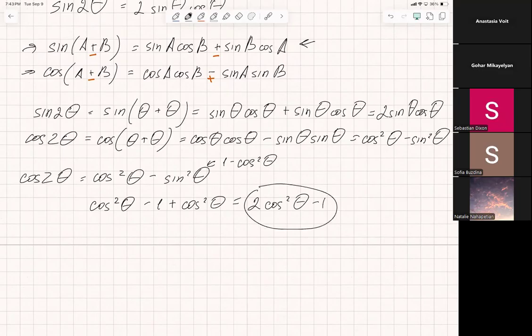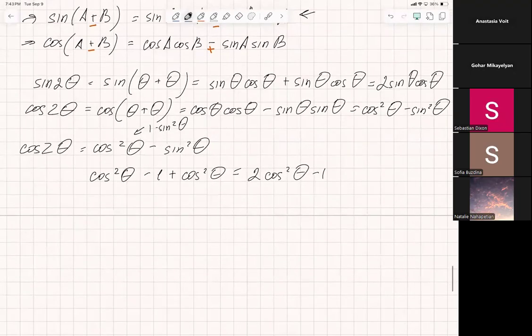So that's another one. If I decide to make this one as 1 minus sine squared theta, so let me erase that one. Then I will have 1 minus sine squared theta minus sine squared theta, which is 1 minus 2 sine squared theta.